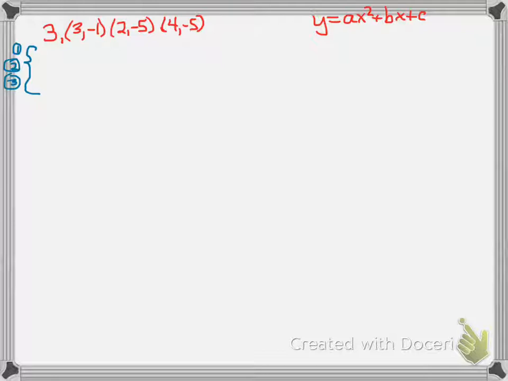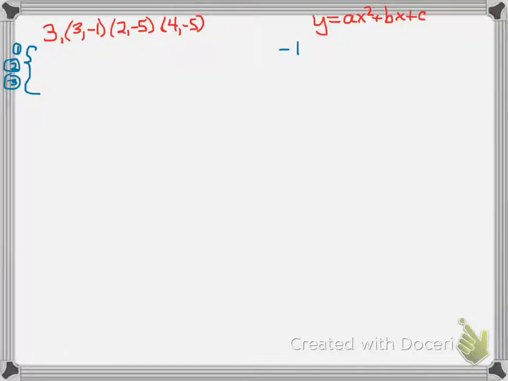Okay. Alright, first point, (3, -1). We're going to plug x and y, x is 3 and y is -1, into our standard formula. So, let's start this off.